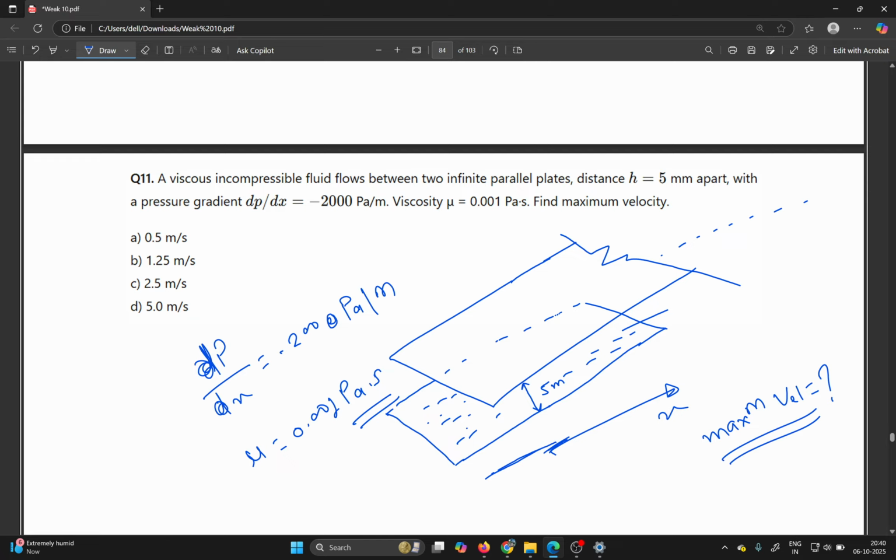How will you calculate it? Just think on that. Viscous incompressible fluid means your rho is constant.